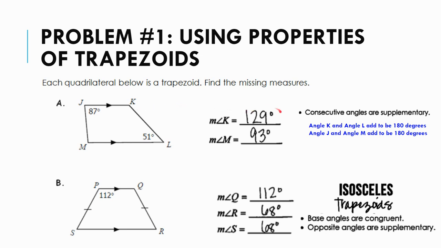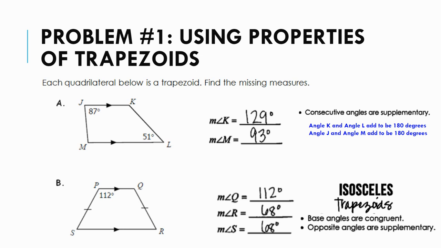So all I do to find K is 180 minus 51, and that gives me 129. And I'm going to do that same exact thing for angle M. This angle J and this angle M are supplementary, so I do 180 minus 87, and that's how I get 93 degrees.